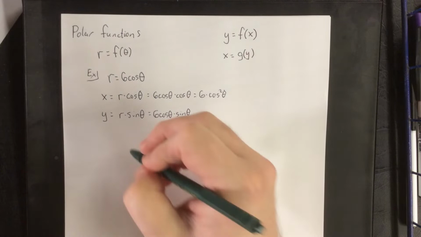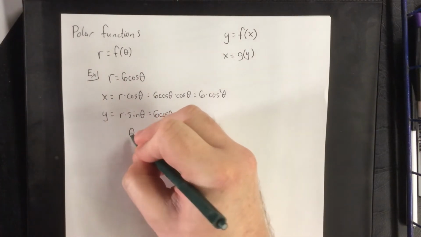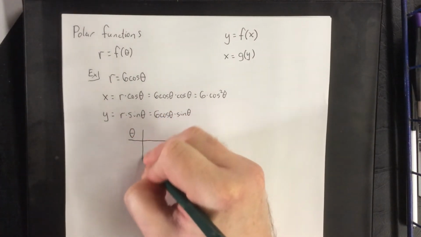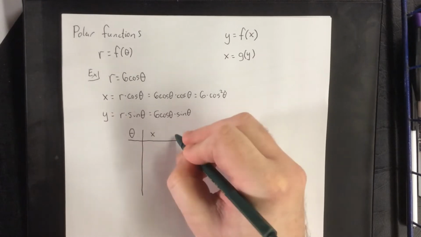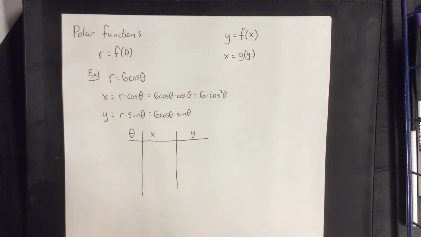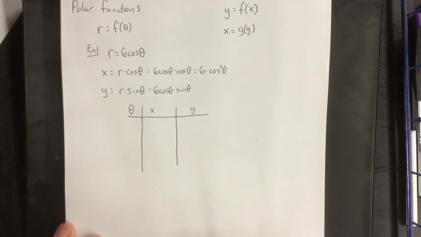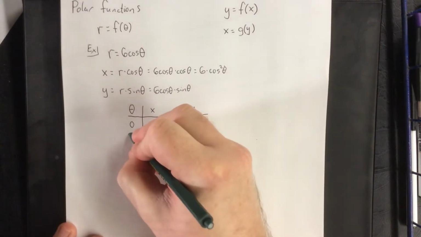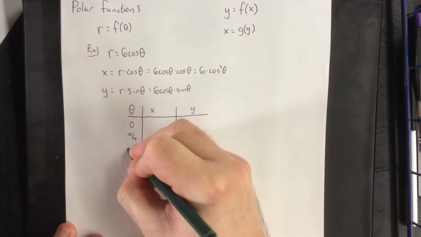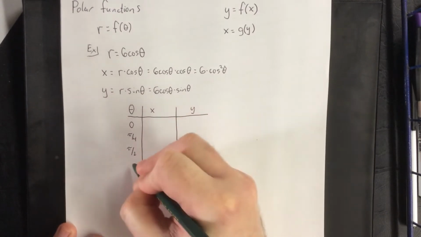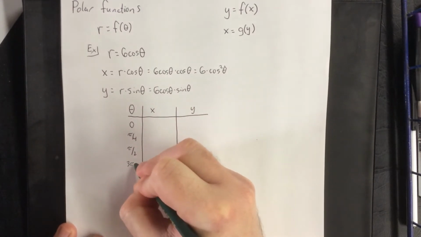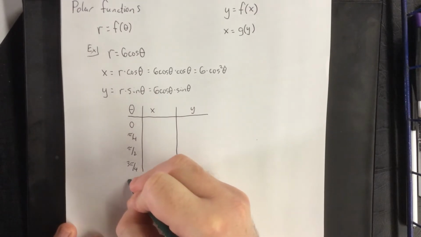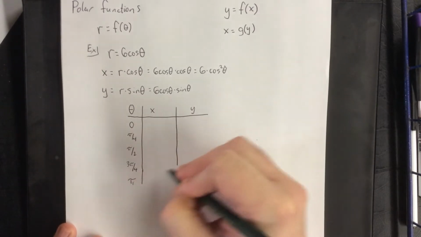So if I wanted to graph this in polar coordinates, I could pick several different values of theta, plug them in, and calculate the corresponding values of x and y. So I am going to pick the following values: theta equals 0, pi over 4, pi over 2, 3 pi over 4, and pi. That'll just be for the time being.